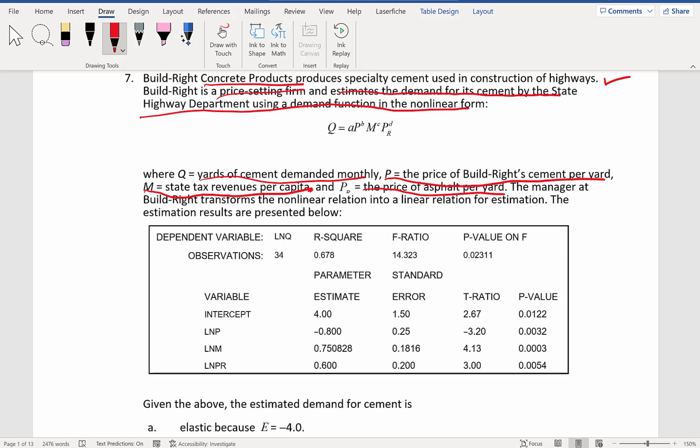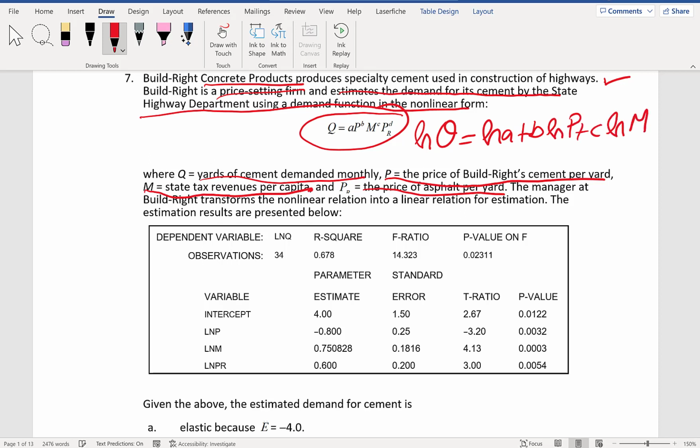So what you do in this case is a natural logarithm transformation. Ln Q equals ln A plus B ln P plus C ln M plus D natural logarithm PR. Once you do this regression, the dependent variable is ln Q, the intercept is ln A, and these are the coefficients of the other terms, C hat and D hat.